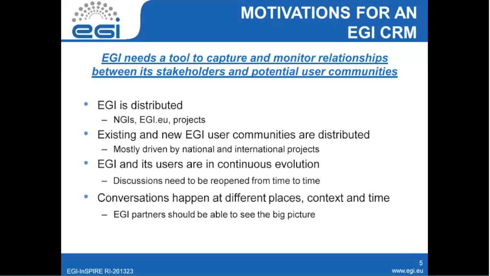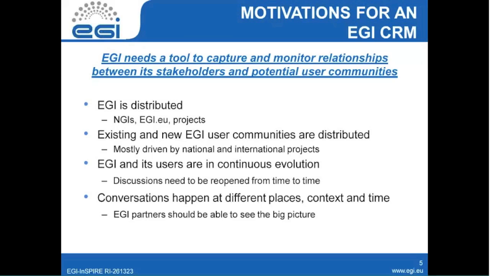There are a large number of user communities that are mostly driven by different scientific projects that they run within their discipline. And as you could see on the previous slide, these projects can be small at the national level to really large, ranging to multiple countries or multiple continents sometimes.